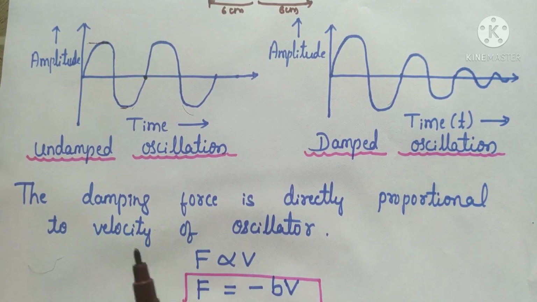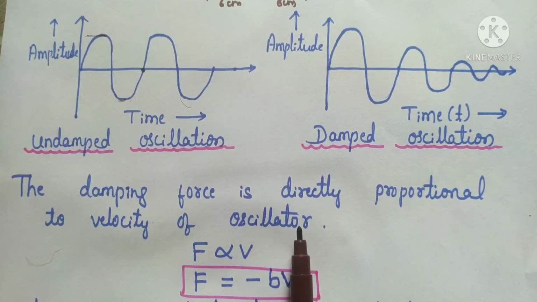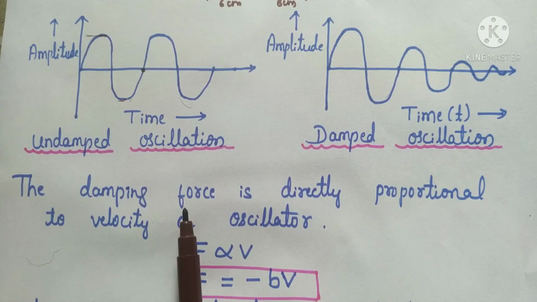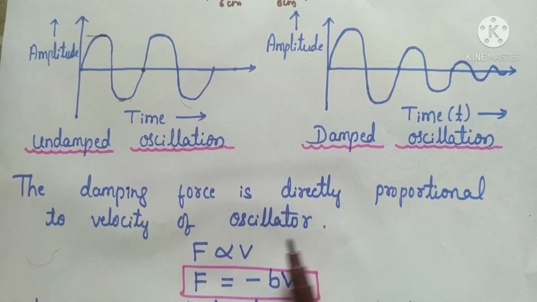And we can say that the damping force is directly proportional to the velocity of the oscillator. Damping force is an opposing force that causes opposition to the motion of the pendulum bob, and that damping force is directly proportional to the velocity of the oscillator.